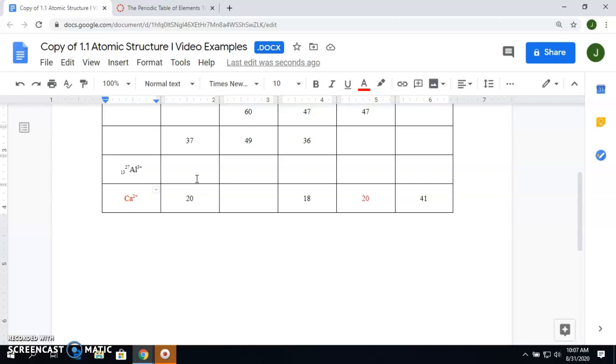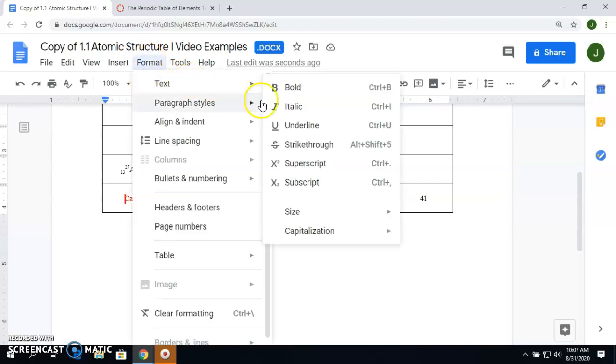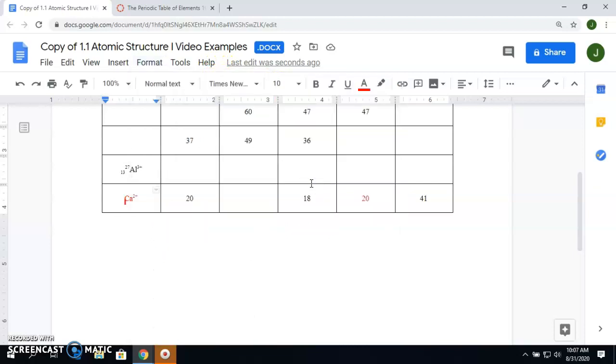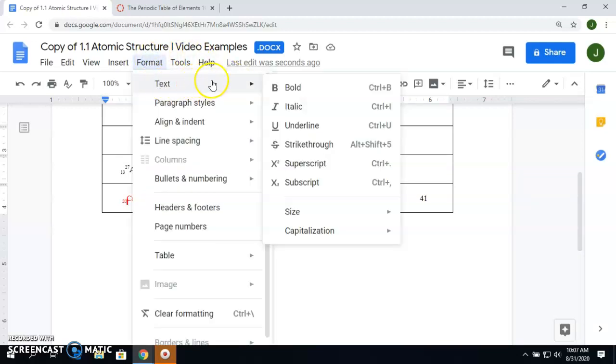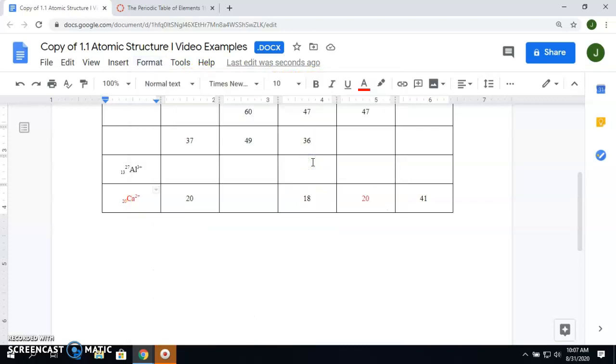Okay, we also know that this is element number 20, and the atomic number always goes in the lower left-hand corner. So we're going to go to Format, Text, Subscript. It's going to be element 20. Now I'm going to go to Format, Text, Superscript, and if we take a look, this has a mass number of 41.